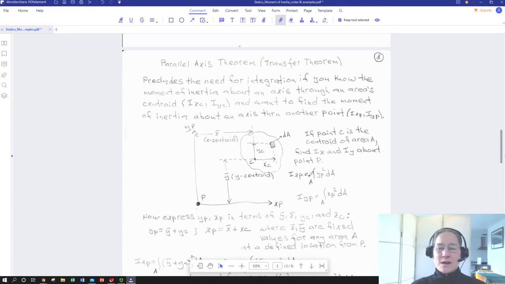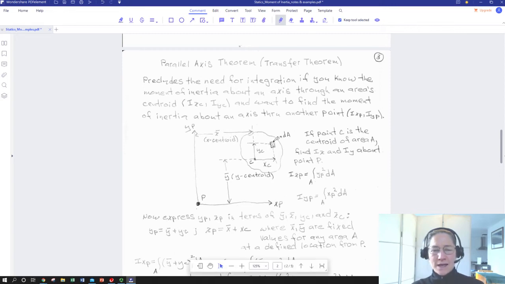So we'll set that up here. So if I were just to write, say, the moment of inertia around x sub p, so the moment of inertia of this body around this axis, this x sub p, x-axis with respect to point P, I just have the total distance of this area from x sub p.